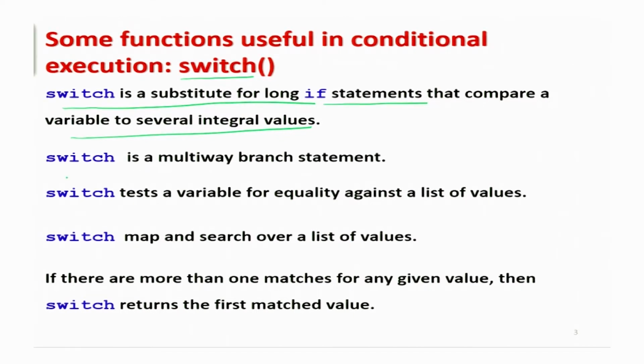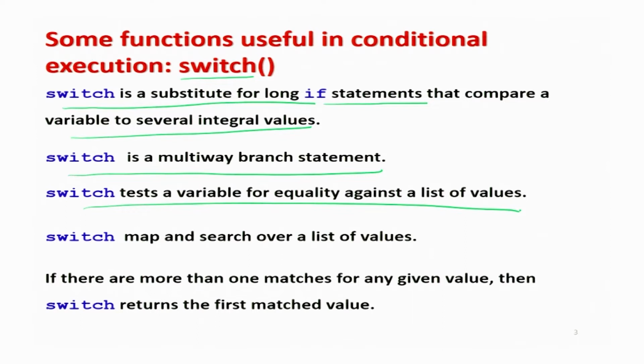So actually this switch is a sort of multi-way branch statement, and it tests a variable for equality against a list of values. So you have to give the different options, like as you said there are 5 classrooms. So the list of classrooms is class number 1, class number 2 up to class number 5, and then you are asking to do something out of that list.